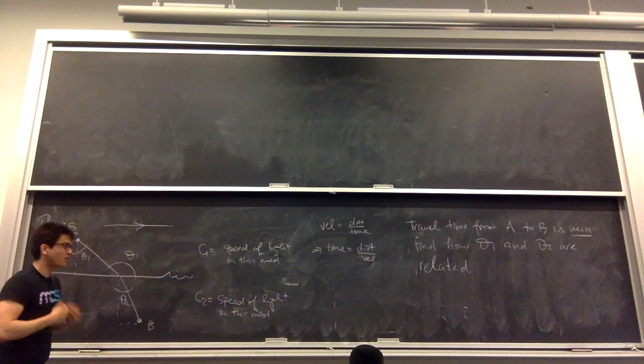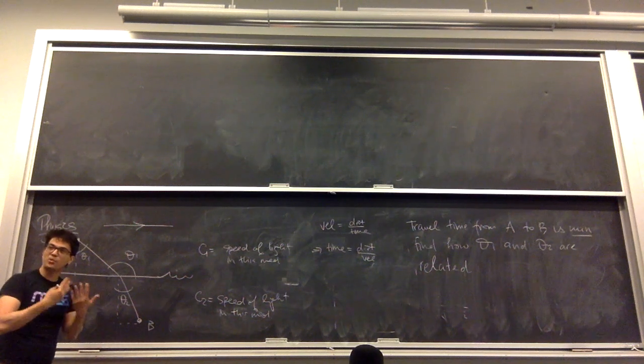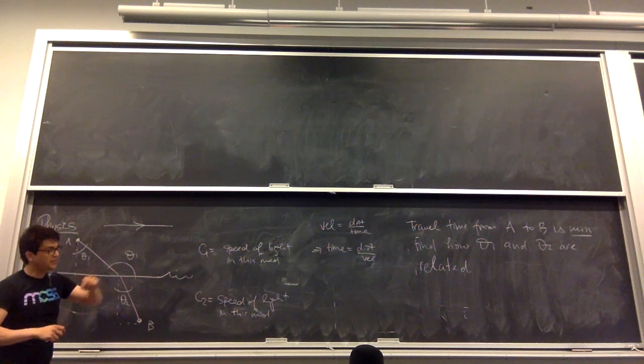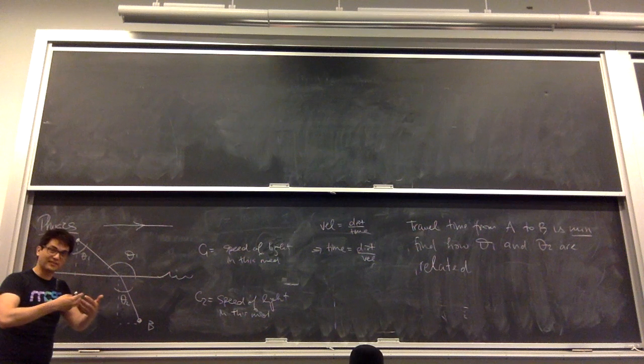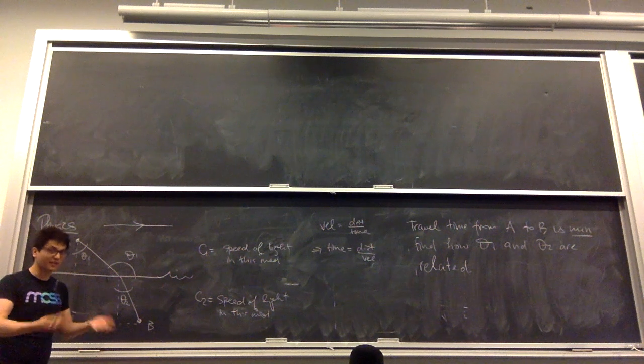Right? So what will we need to optimize in this case? It's in the question. The travel time from A to B is minimum. So they're telling us that the travel time is minimum, so we should write an equation for the travel time.